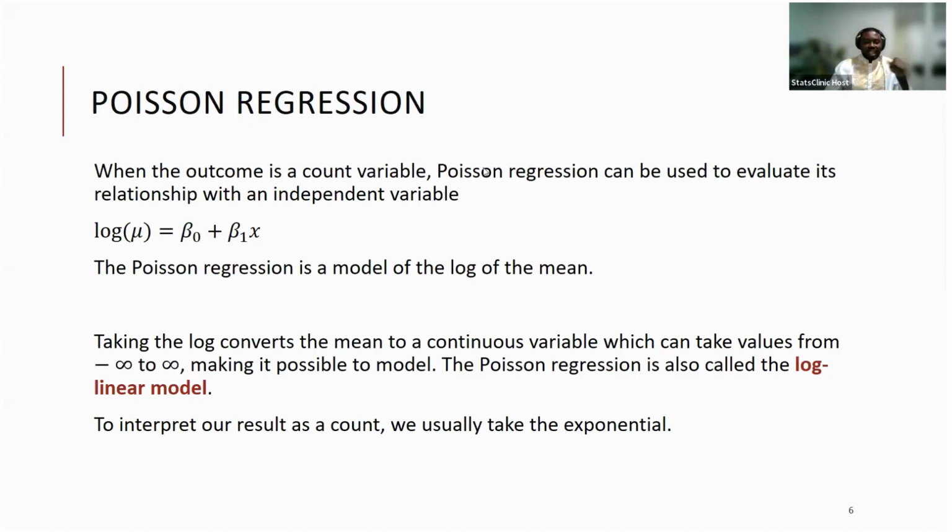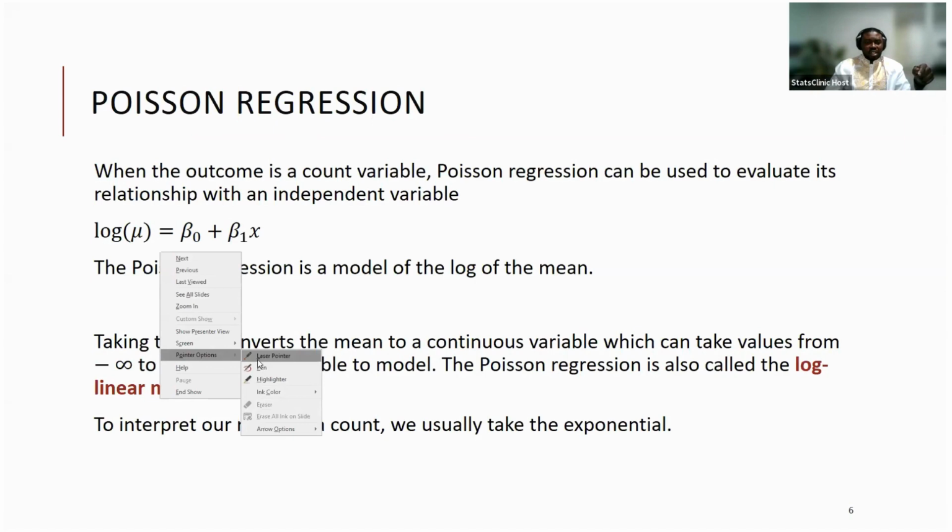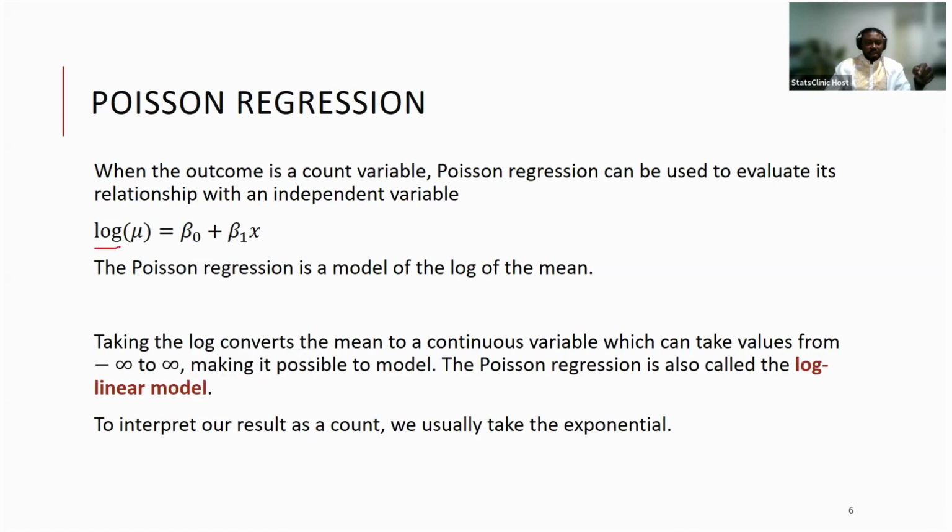You want to create your own continuous variable from the count outcome variable, and the way that we do that is by taking the log. So this converts the count variable into a continuous variable, so to speak.